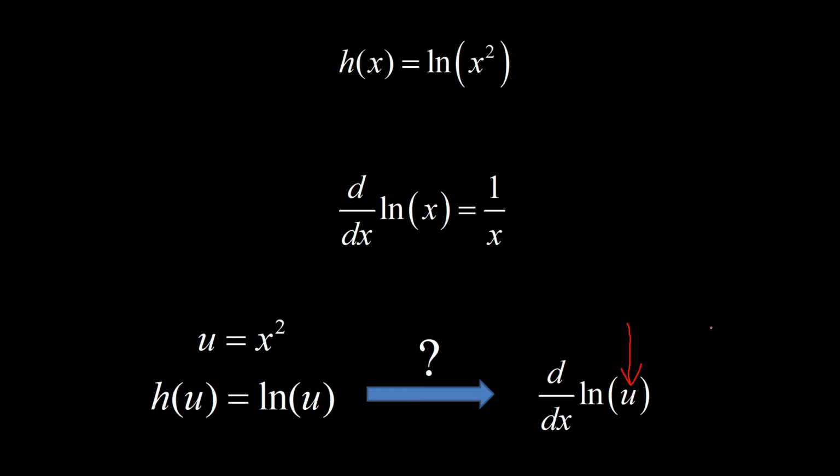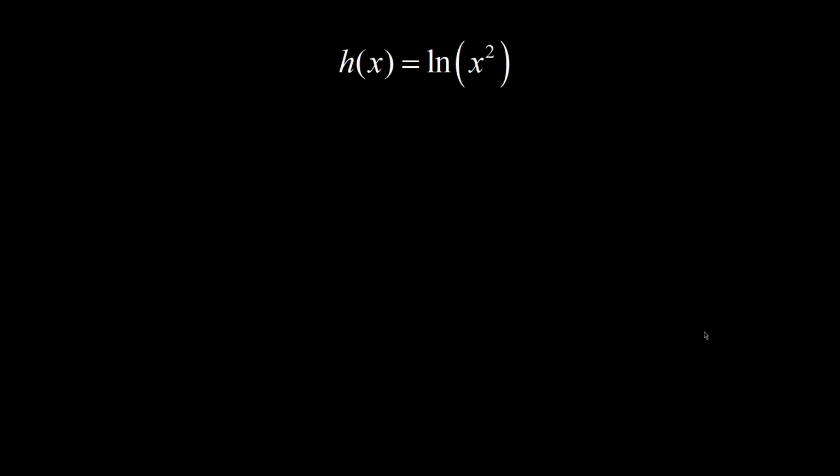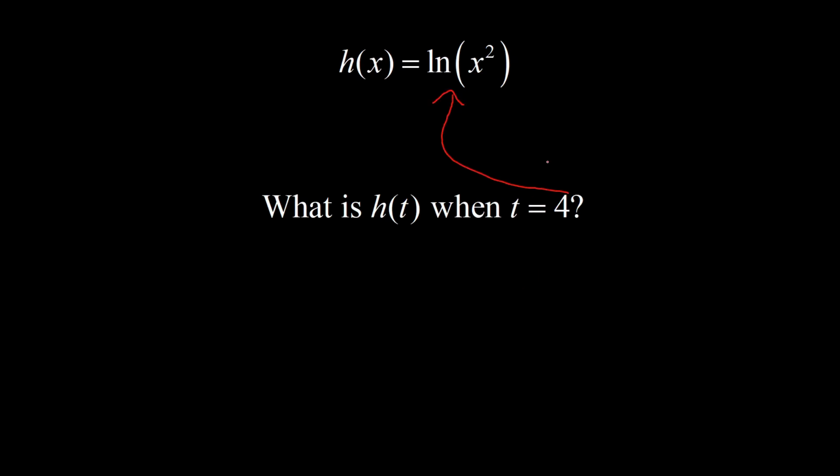And just to give you an example of this that may be something more familiar, let's say I ask you, what is h of t when t equals 4? Now, you may be thinking, well, I'll just plug 4 into this. But this isn't h of t. It's h of x. When I'm asking for h of t, there's a letter mismatch.